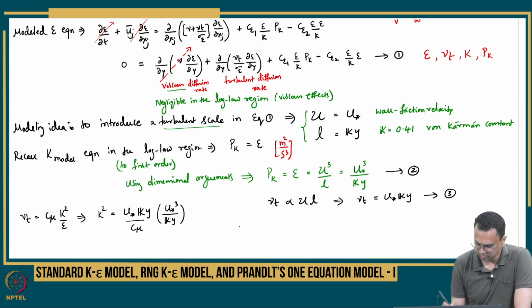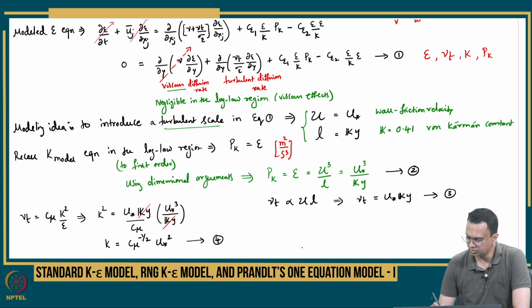So kappa y goes away, giving rise to u star to the power 4 by c mu. With this I get the expression for k as c mu raised to minus half u star square. So this is equation 4.